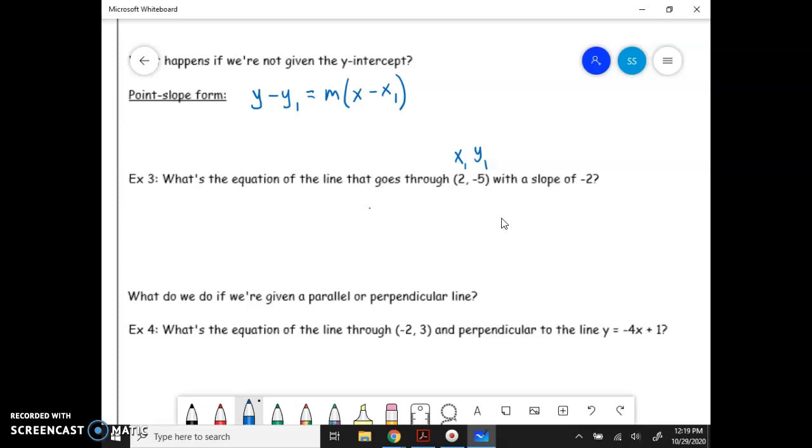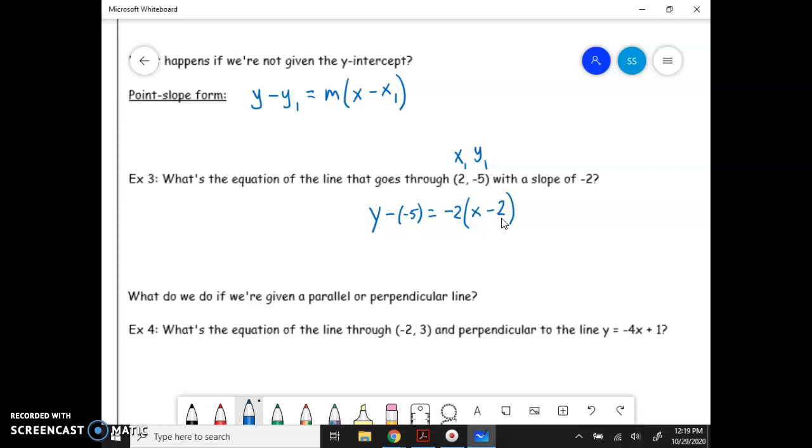So this is going to be y minus y1, and y1 is negative 5, so I'm going to put that in parentheses so I remember to change the sign, is equal to m, the slope. It says the slope of negative 2, times x minus x1, and x1 is 2, so I put that there, and now I can just go ahead and solve this.